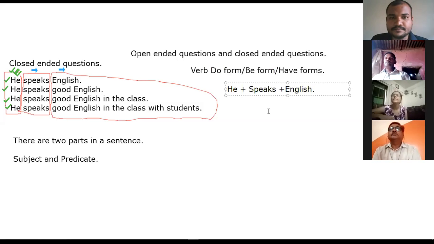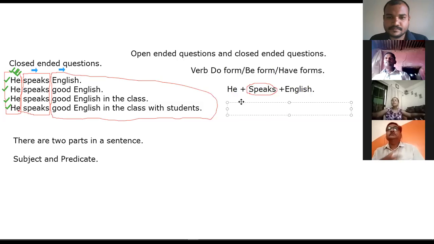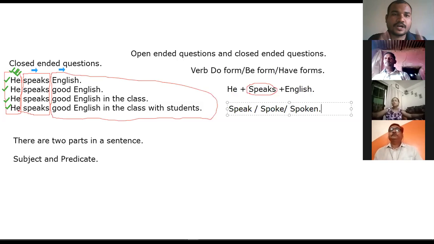Now focus on the verb. What is the actual verb here? Speak, spoke, spoken.